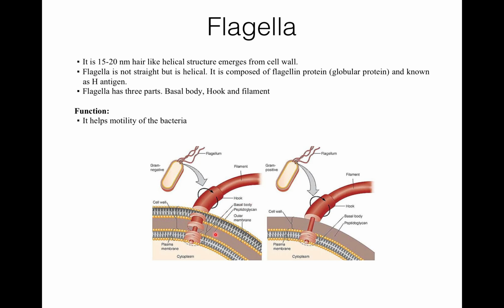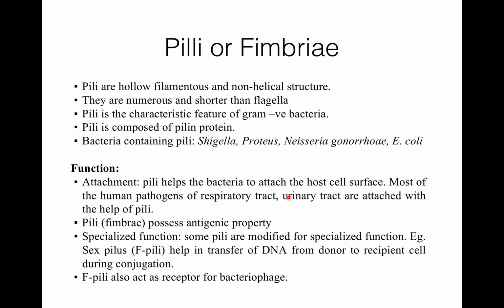Now, in gram negative bacteria, there are four rings, 1, 2, 3 and 4, and they are connected to the central rod. So, in gram negative, there are 4 basal rings, and in gram positive, there are 2 basal rings, inner and outer. So, it's about flagella.